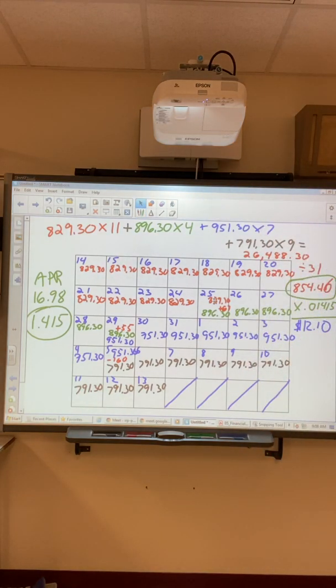Amaya, can you look on the statement and tell me what the finance charge is? $12.09. 9 cents? Oh. 9 cents. So we were only off by a penny. And I bet you that penny may be in the rounding.